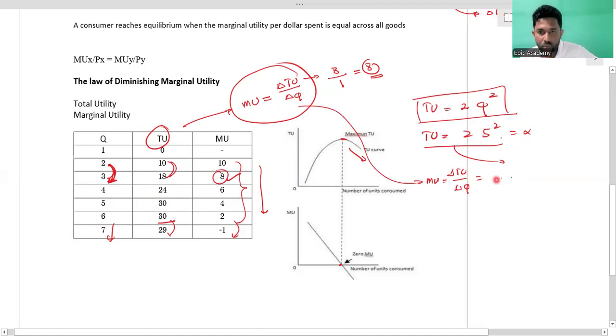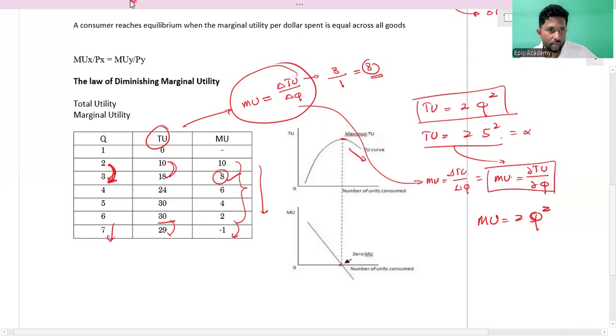MU equals the derivative of the total utility function with respect to Q. As an example, take 2Q squared. This is the total utility.